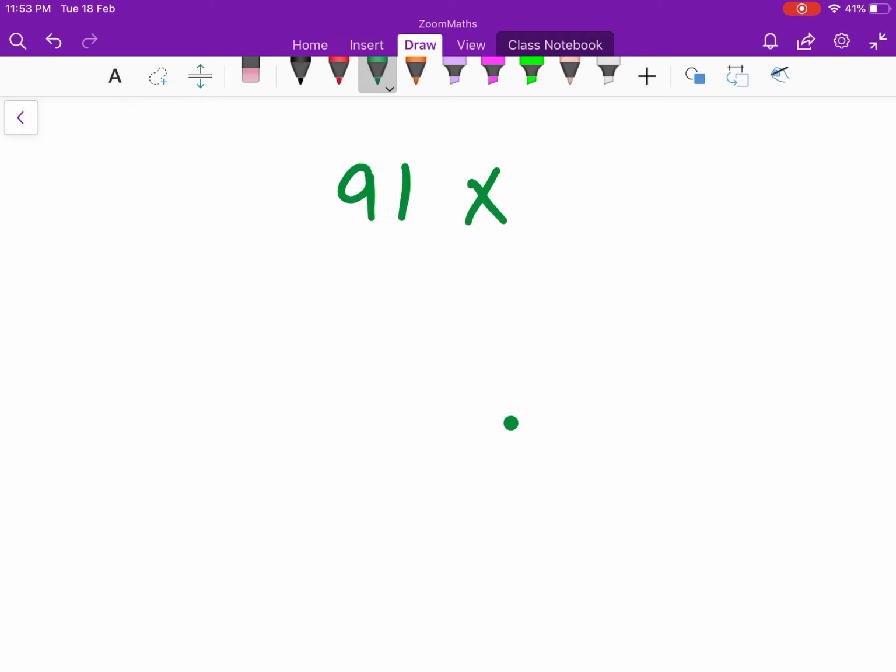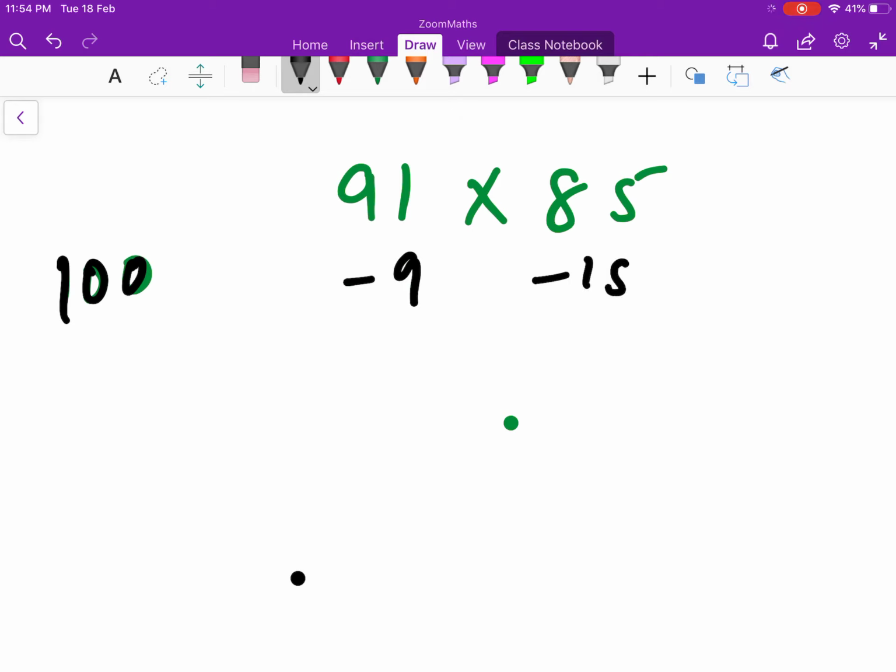Let's say 91 into say 85. Okay, so this time the base is again 100, deviation is minus 9 and minus 15. 85, deviation we have found out, and now sum is 85 minus 9 is 76.